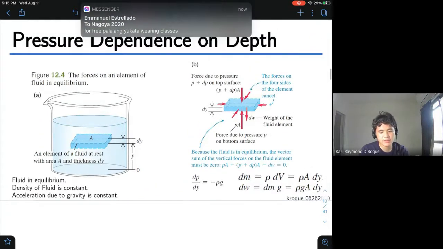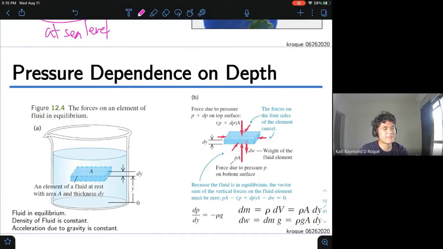Let's examine pressure. Did you notice when you go swimming that the deeper you get, the stronger the pressure? The pressure is greater at the bottom than at the back, right? If you notice that, it's because pressure depends on depth. Why?